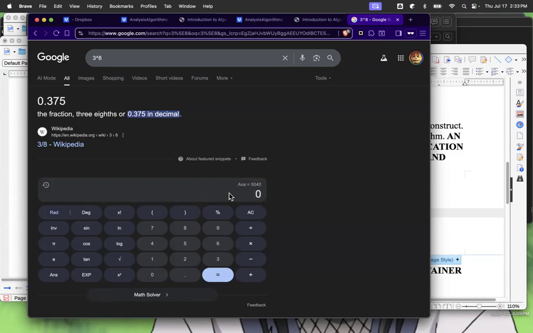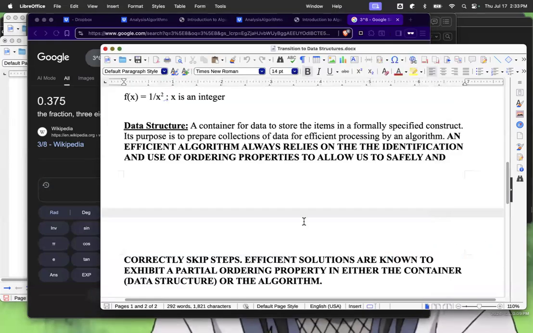Let's try that again. Okay, so let's just see. 3 to the 6th, is that the cutoff? 729. And 6 factorial would be 720. So for n greater than 6.